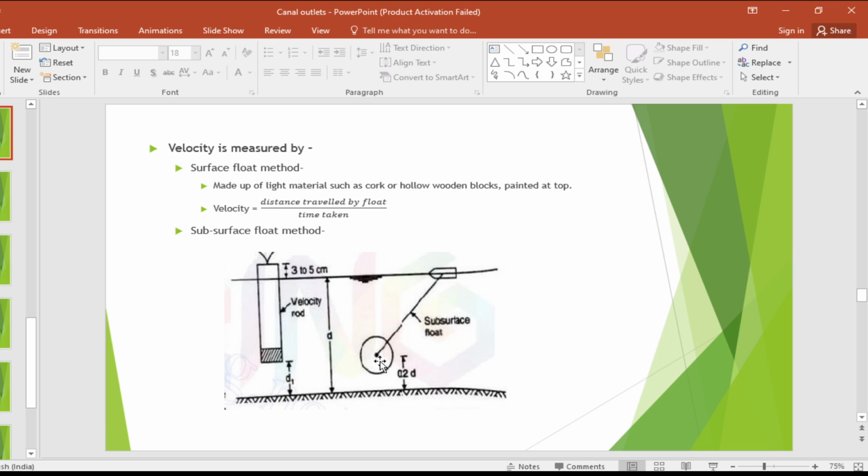Now the length of the cord is adjustable so as to reduce or increase the depth of the float.